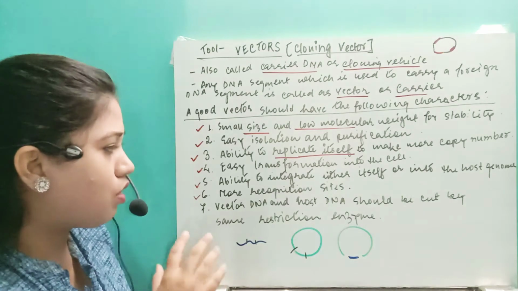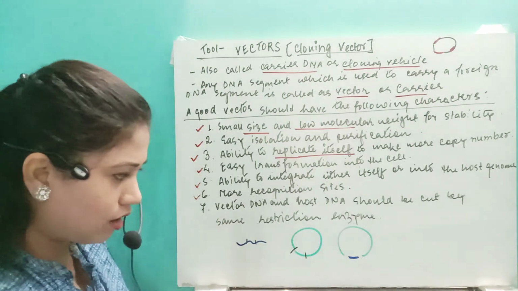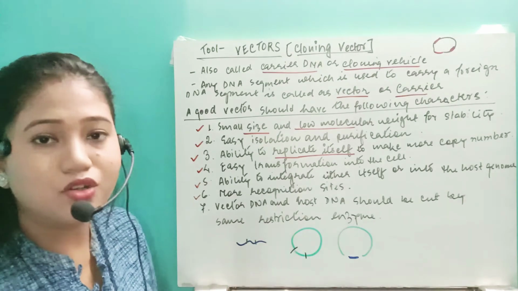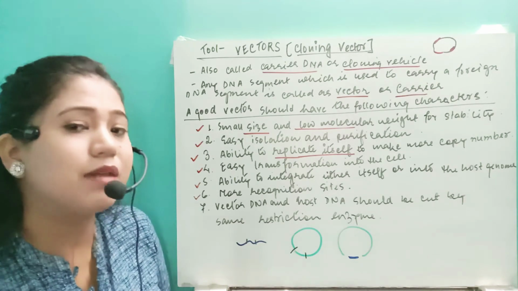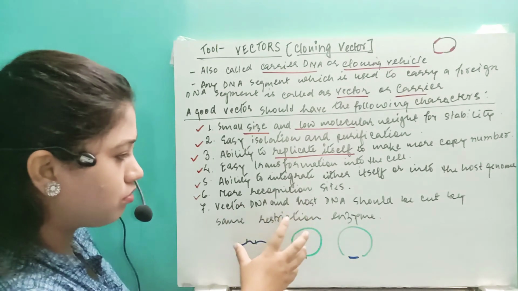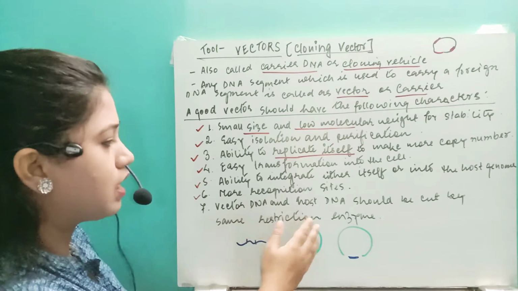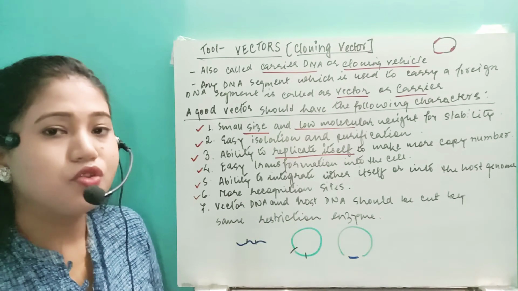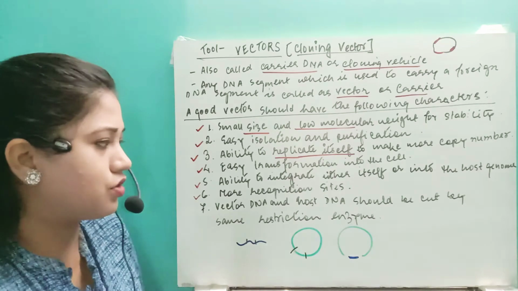So the gene fragment should be cut and our vector should be cut by the same restriction enzyme. The vector DNA and the host DNA should be cut by the same restriction enzyme. So these are the characteristics.